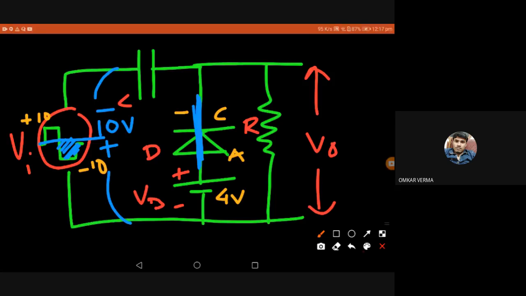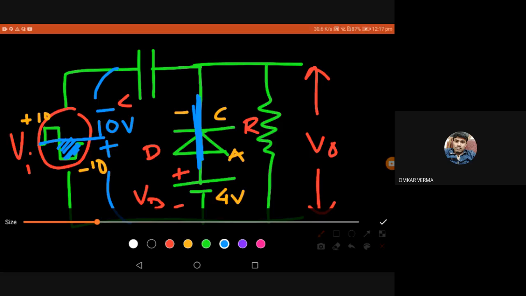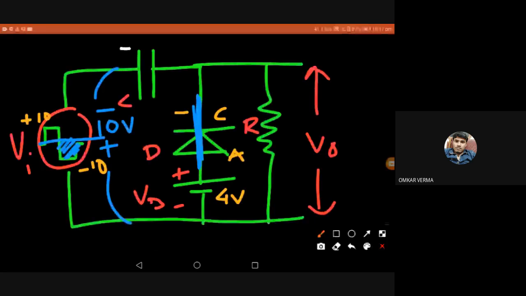Unlike the previous circuit, there is a VB, the bias voltage. Both the input as well as VB are going to affect the capacitor. The input is going to give a negative minus 10 plate on the left side of the capacitor, and at the same time VB is going to give a plus 4 here.